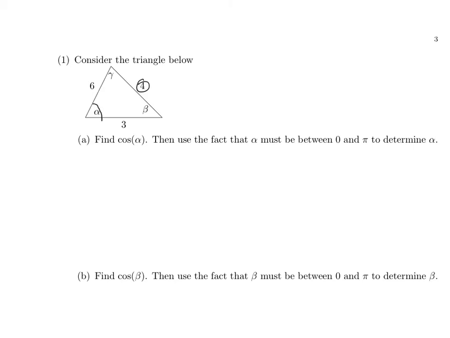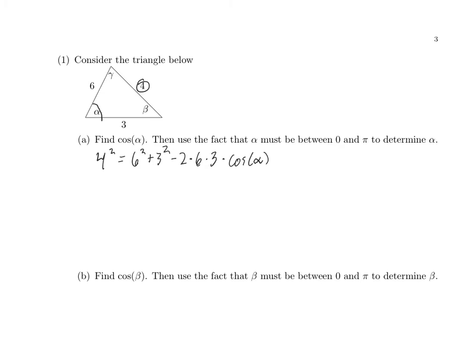The side opposite the angle alpha is 4. So 4 squared is 6 squared plus 3 squared minus 2 times 6 times 3 times the cosine of alpha. Right, so that last bit is like the error term. It's how far the Pythagorean formula is from being correct for this triangle.